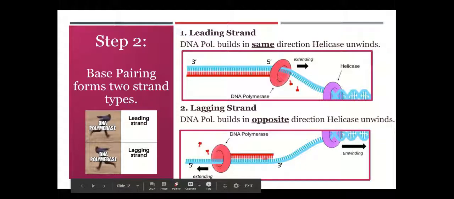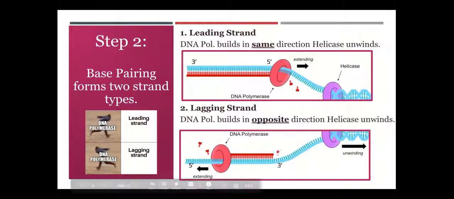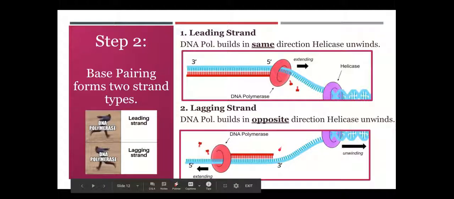So eventually, this DNA polymerase will keep adding nucleotides in this direction. Another DNA polymerase will need to come in and add nucleotides to this section. And by the time it does that, there'll be a new section that helicase will have already unwound that will need a DNA polymerase to add new nucleotides to.